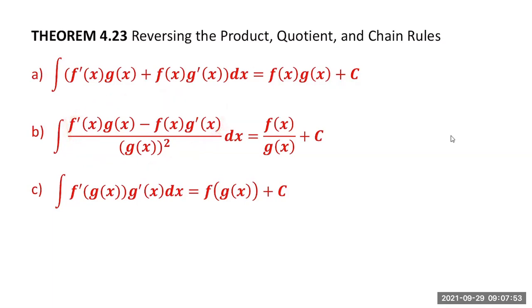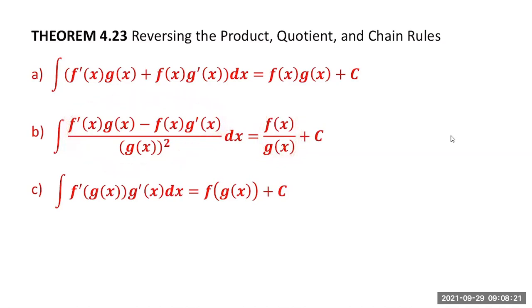The indefinite integral of f prime of x g of x minus f of x g prime of x, divided by g of x squared, is equal to f of x over g of x plus a constant. Again, to prove this formula, all you need to do is take the derivative of this function and show that you get this function. Or in other words, you show that this is an antiderivative of this function.